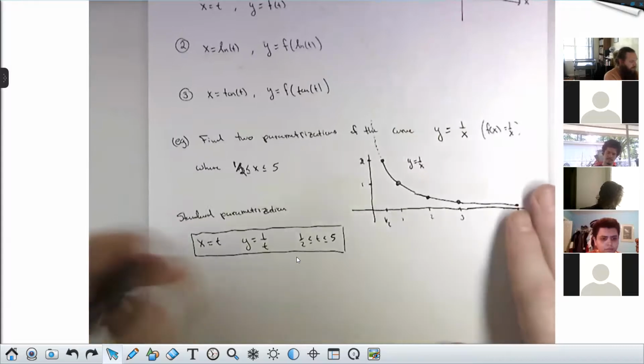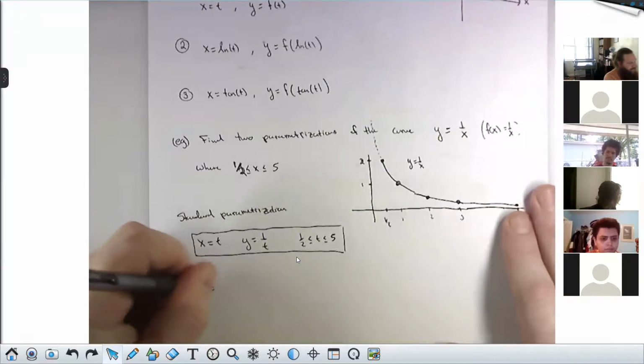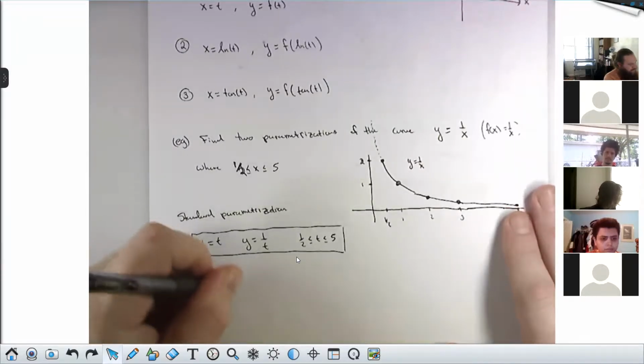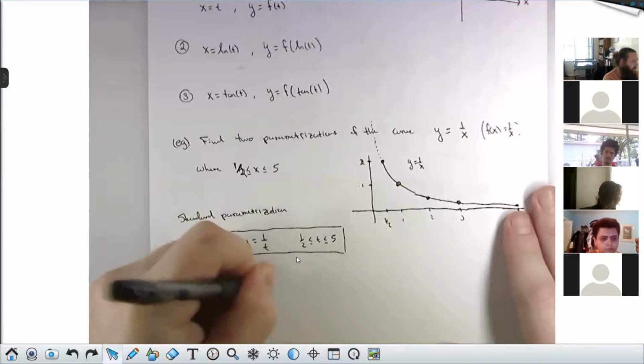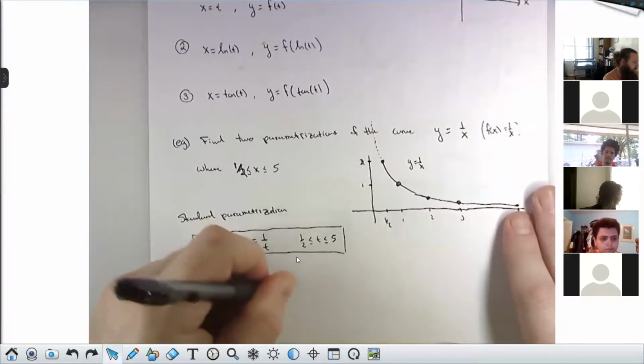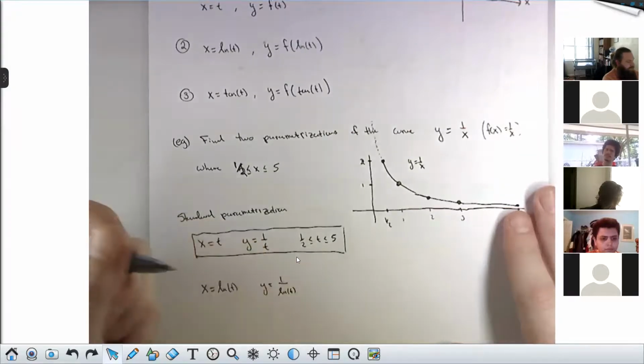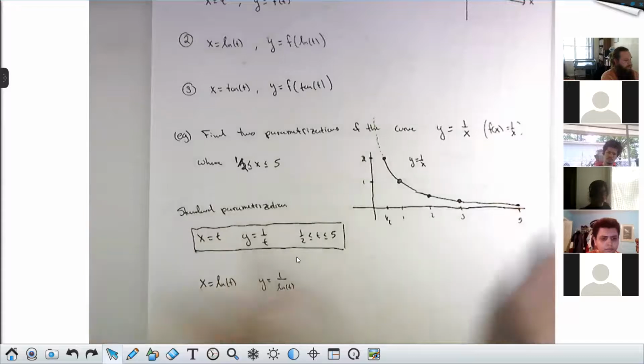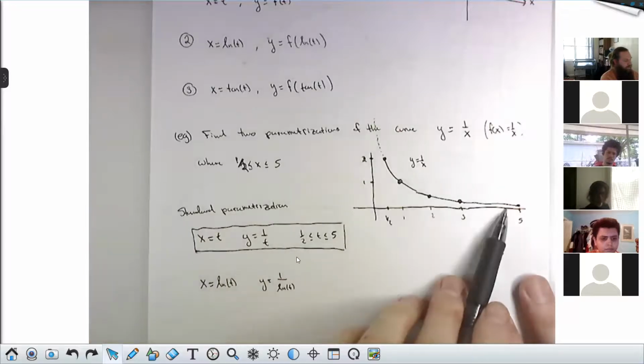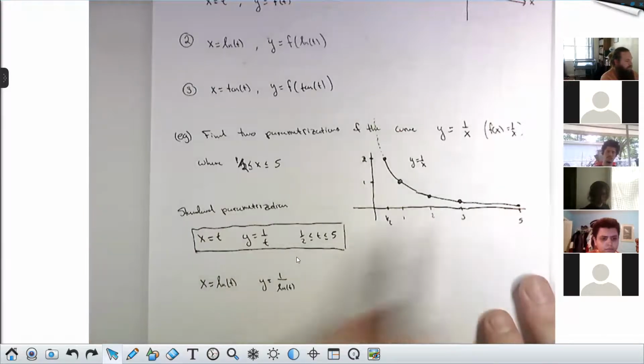Another one I could use, I could say x is equal to the natural log of t, and y is equal to 1 over the natural log of t. But now, in order to make sure I'm getting this portion of the curve, I need to make sure my x values run from 1/2 to 5.